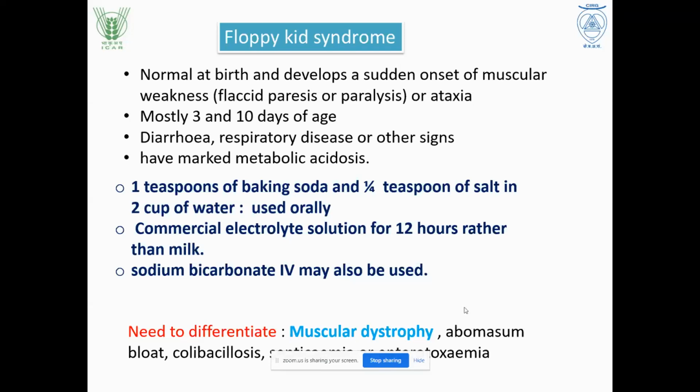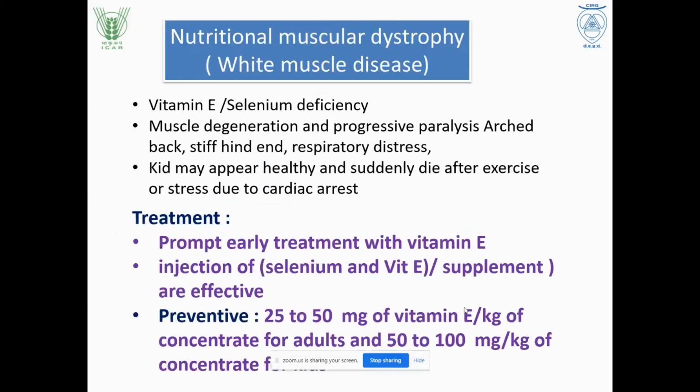Whenever there is a risk of this type of clinical condition, when you are not able to diagnose whether it is septicemia, muscular dystrophy, or some other toxemia, in this situation you can also predict the possibility of floppy kid syndrome. If you measure the electrolytes, you will find the acidosis, and immediately if you use the alkalizers, the animal responds.